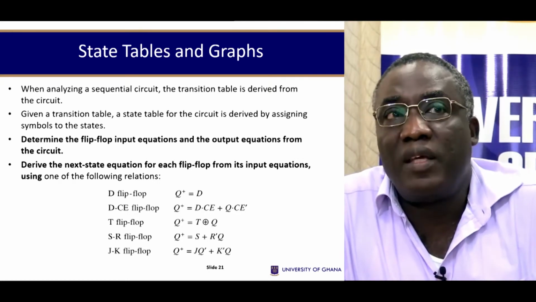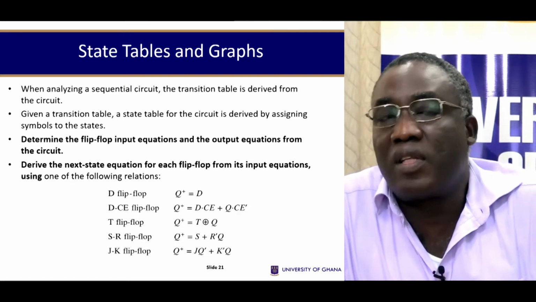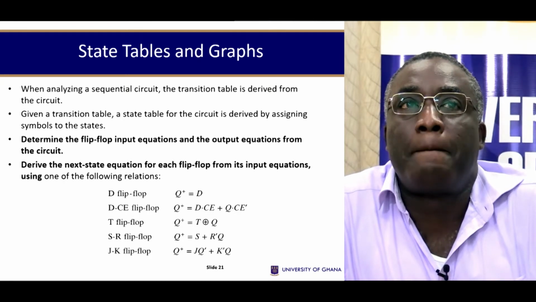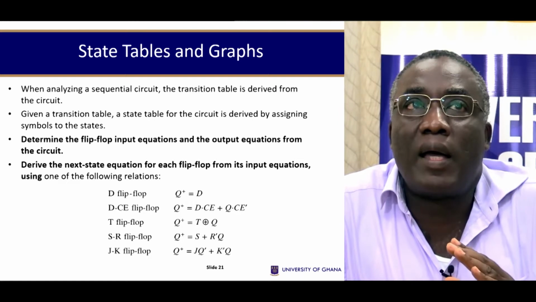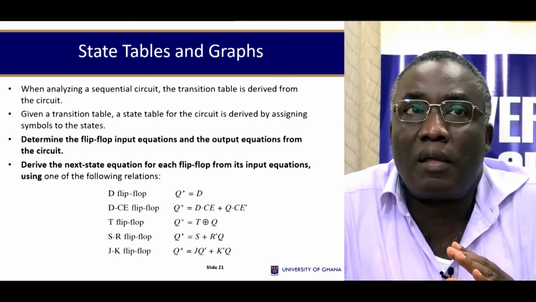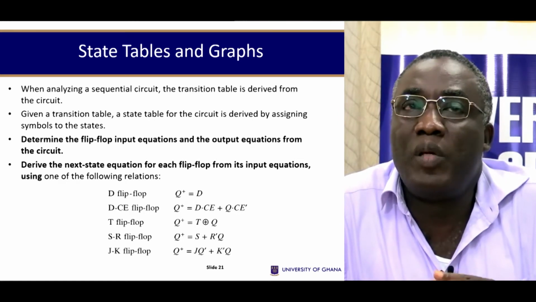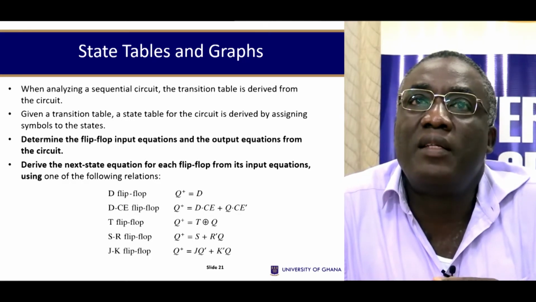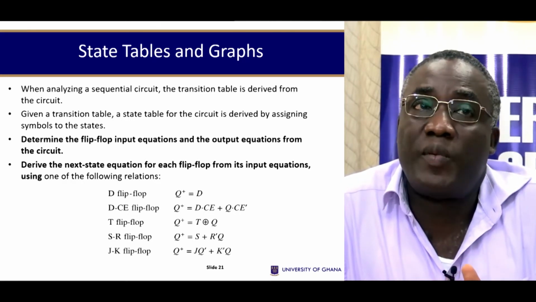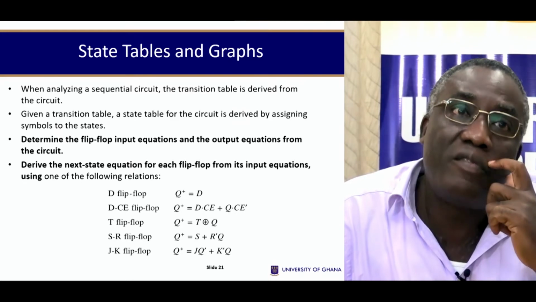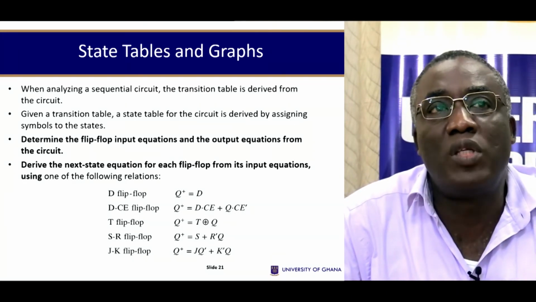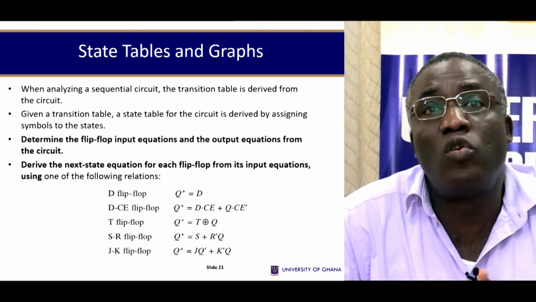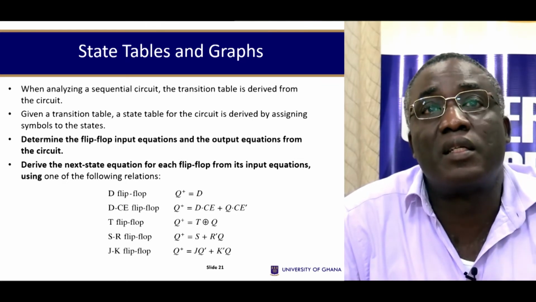So the following methods can be used to construct the transition table. You should determine the flip-flop input equations and the output equation from the circuit, and then derive the state equations for each flip-flop from its input equations. You can use any of the following relations.